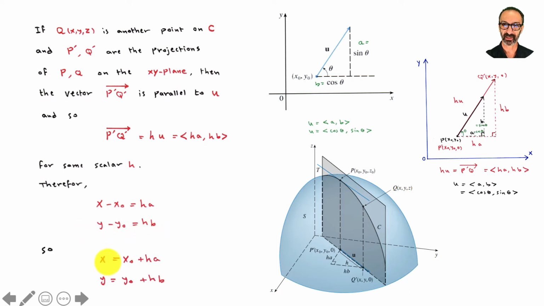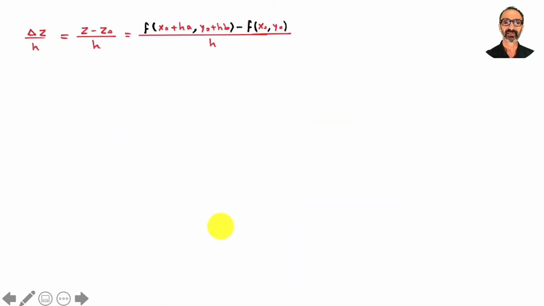So x will be x sub 0 plus some difference called ha, and y will be y sub 0 plus some difference called hb. Delta z over h equals z minus z sub 0 over h, which is f of. Now we are changing in both directions to go from the first point to the second point on the directional vector.